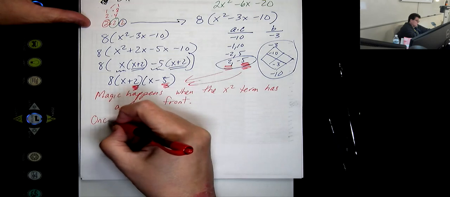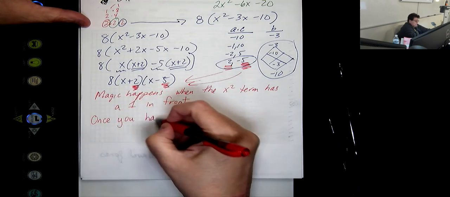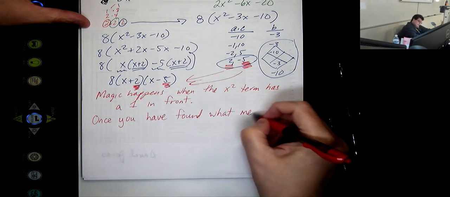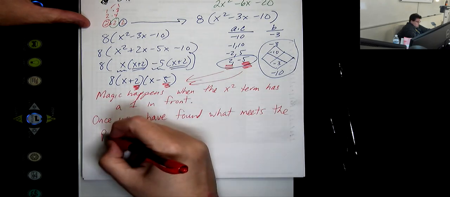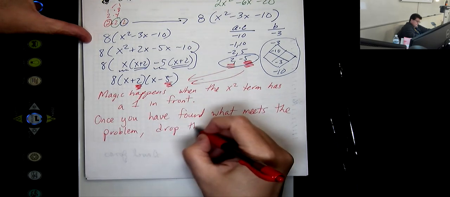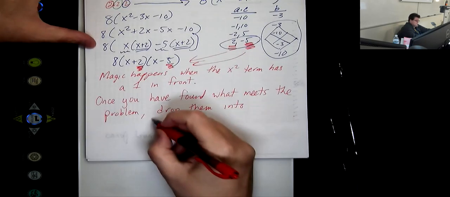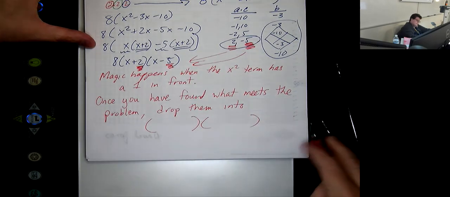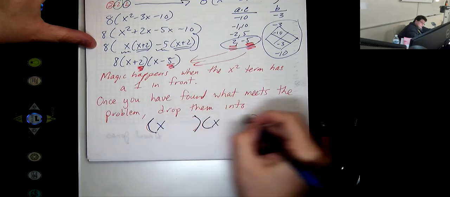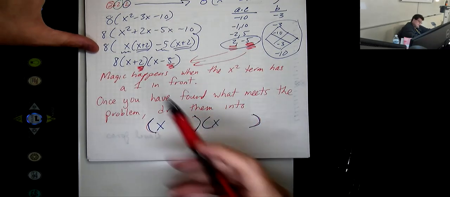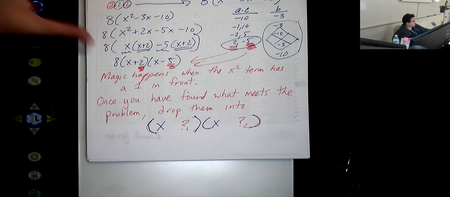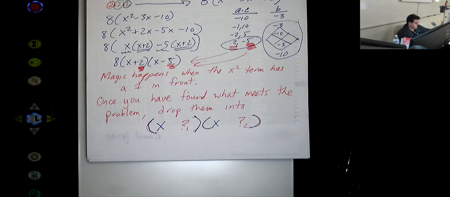Once you found what fits the criteria, or meets the problem, drop them into, maybe I'll make this a different color here, question mark number 1 and question mark number 2, including their signs.